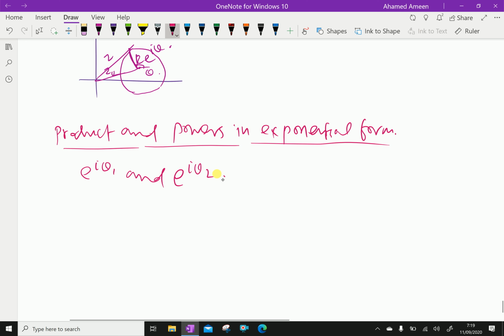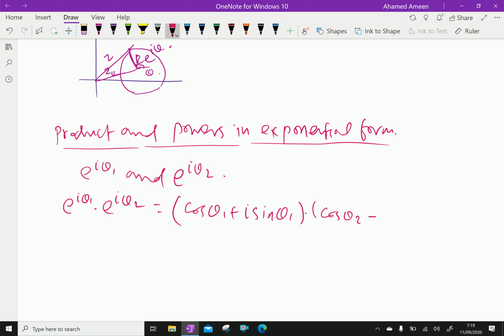Now the product of e power i theta 1 into e power i theta 2 is, first, e power i theta 1 is cos theta 1 plus i sin theta 1, multiplied with cos theta 2 plus i sin theta 2.